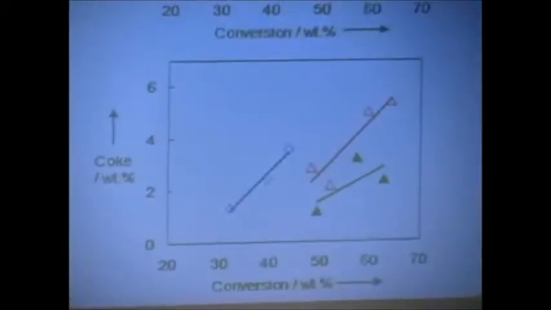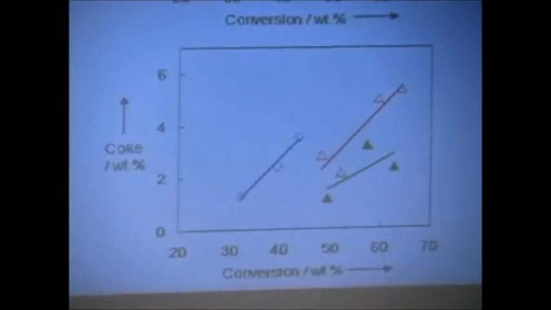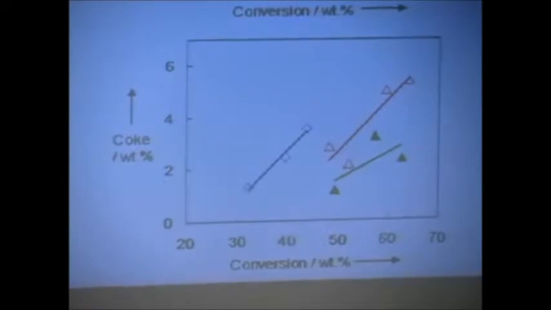And so what you're seeing here is even though you have much higher conversions, the amount of coke can be even less than what you see in a non-mesoporous form of the zeolite. So there is some practical benefit to these engineered mesophases, and hopefully we will see commercialization of it in the near future.